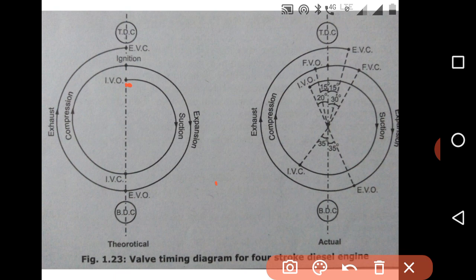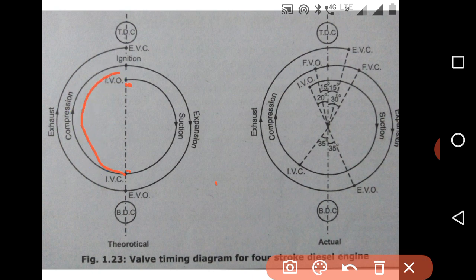After the suction process, the piston comes to bottom dead center and the inlet valve gets closed. Then the direction of the piston reverses, and it moves from bottom dead center to top dead center, performing the compression process.